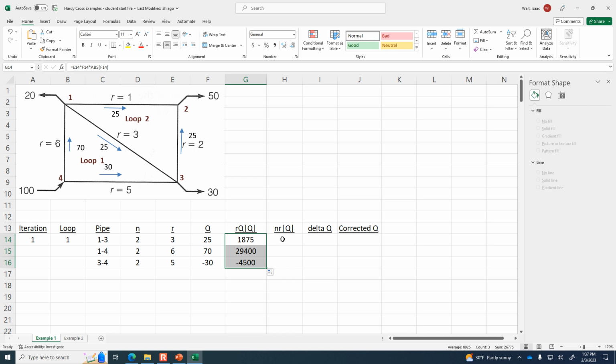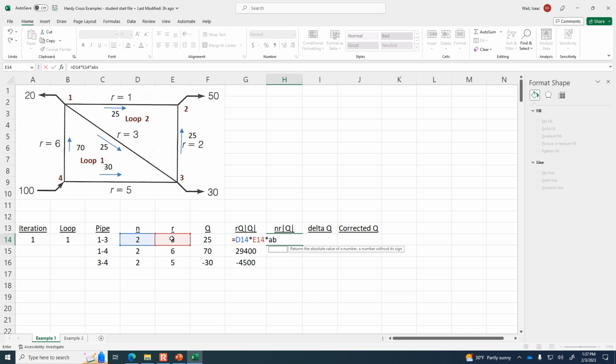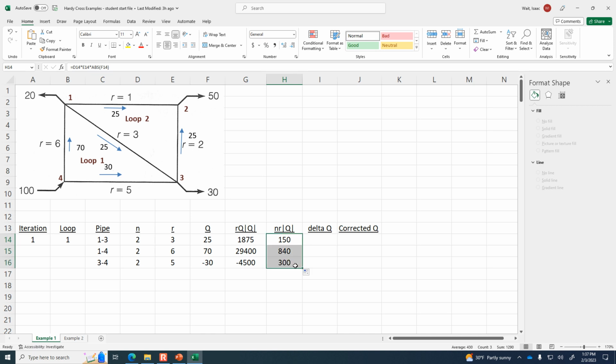Now I'm going to do N times R times absolute value of Q. So equals N times R times ABS of the flow rate. Okay, and I'll drag that down as well. Now I need to take the sum.